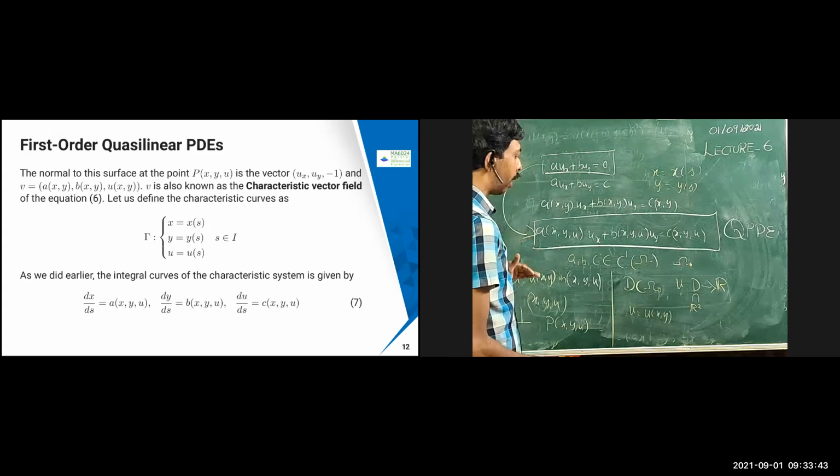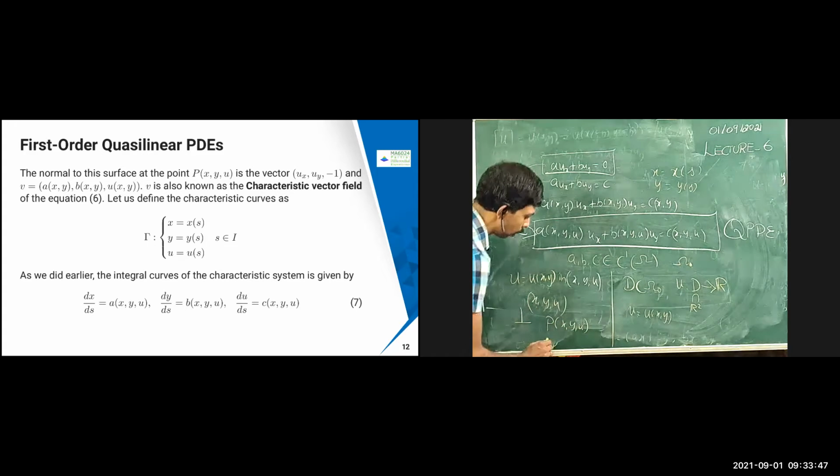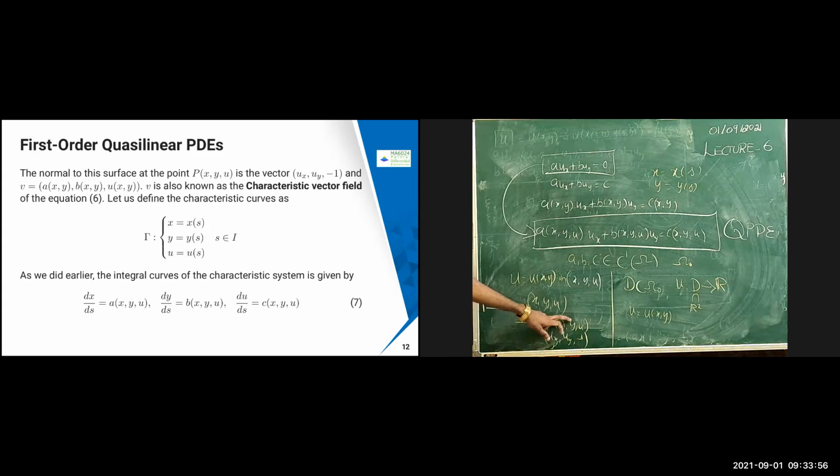Now the normal to the surface is as follows: ux, uy, minus 1. This is the normal to the surface. With respect to x, ux comes, with respect to y, uy comes, and with respect to u, it becomes minus 1.